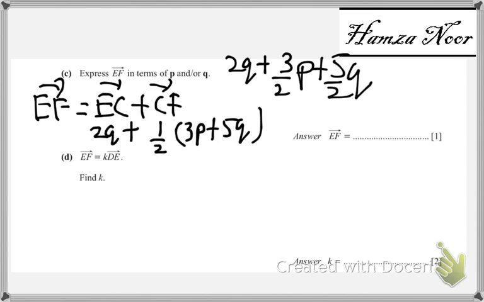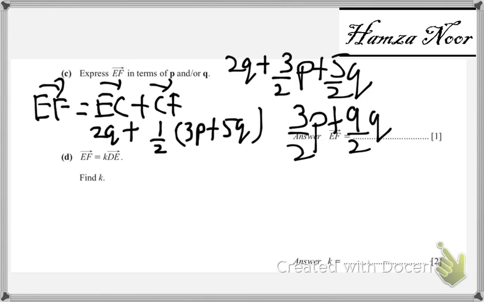So this will be equal to 3 over 2 p plus 5 over 2 plus 2. You take the LCM and you obtain 9 over 2 q.